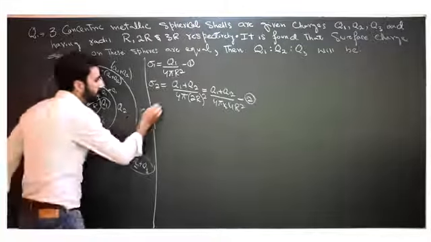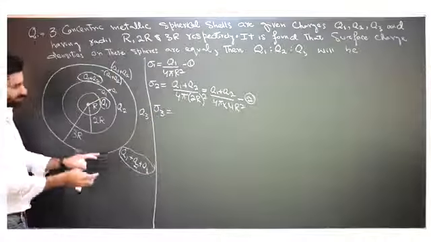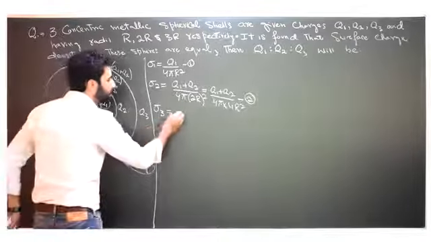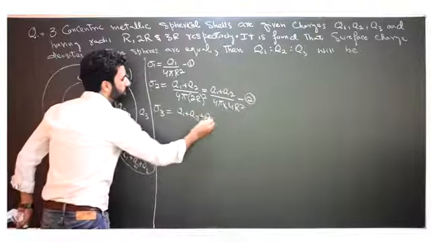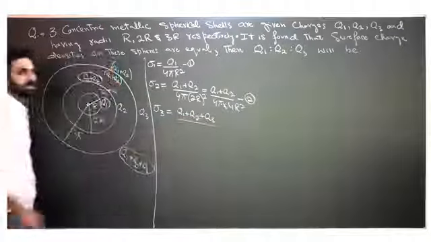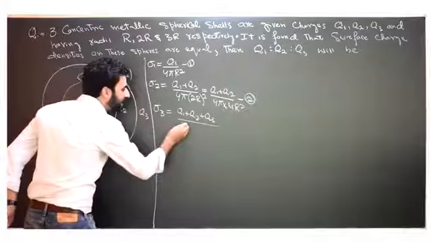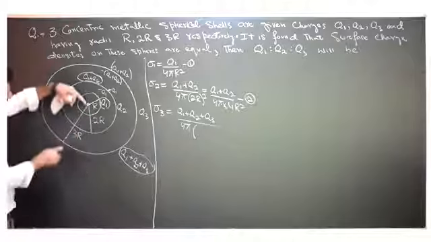Now, what about the surface charge density of the third shell? The charge on the third shell is Q1 plus Q2 plus Q3. So that's Q1 plus Q2 plus Q3 divided by the surface area of the third shell, that is 4 pi r square. What about the radius of the third shell?